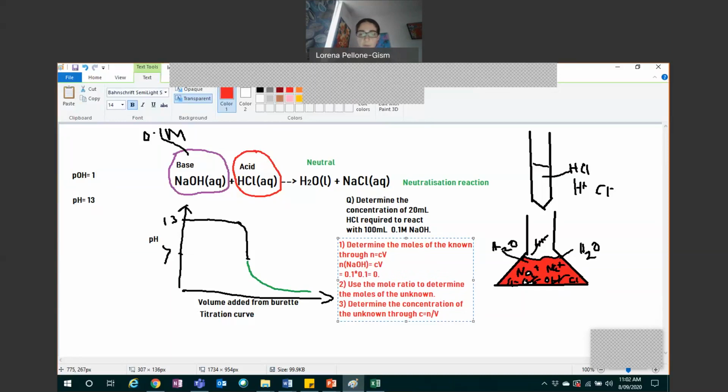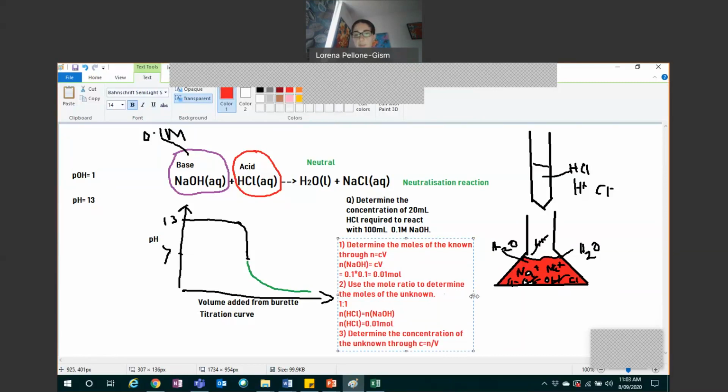So equals 0.01. Is it 0.01? Yes. Okay, moles. Now use the mole ratio. Mole ratio is 1 to 1. What does 1 to 1 mean? It means that the moles of HCl will equal the moles of NaOH. So the moles of HCl also equals 0.01.